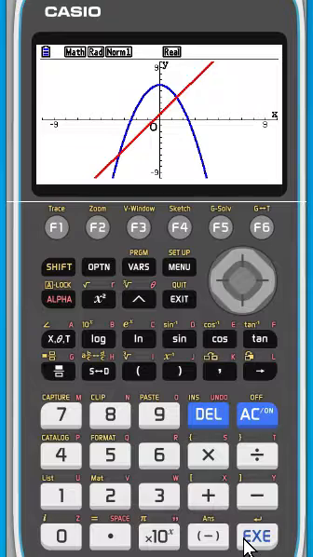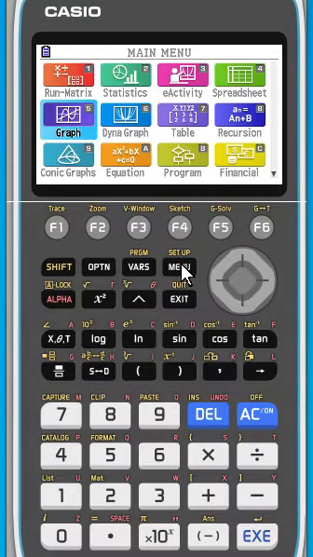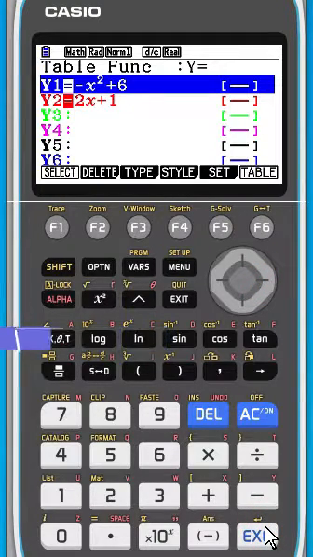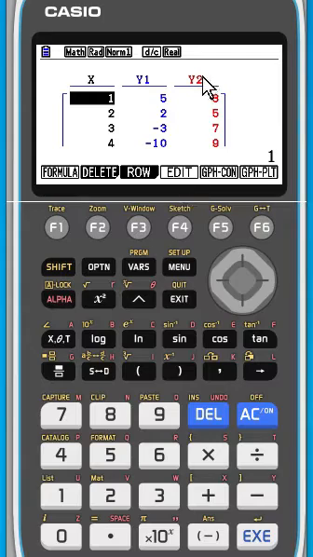All right, so let's go back to menu now, and let's go to Table this time. What Table does is it copies any function that you have written in the graph command. So you remember you put in two equations, negative x squared plus 6 and 2x plus 1. When you hit execute, it gives you a table of these two functions. At times you would like to find the values of the given two equations for various x.